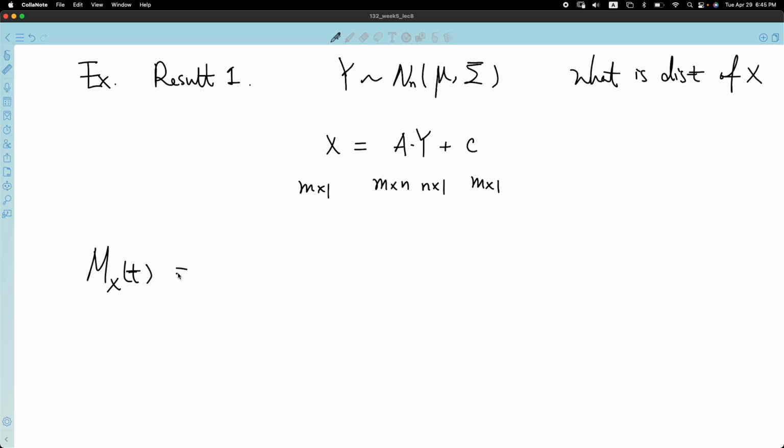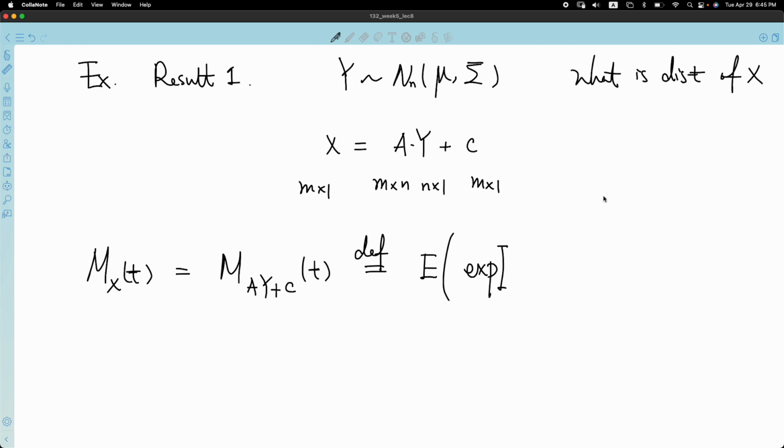Now let's make the change of variable. This is the Ay plus c vector of t. Now let's do the definition: expectation, and using that, I'm going to multiply by t.